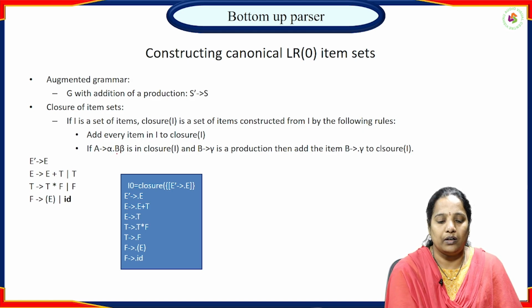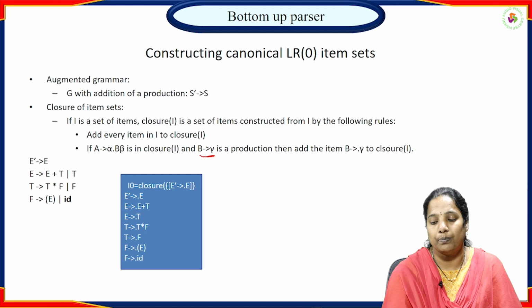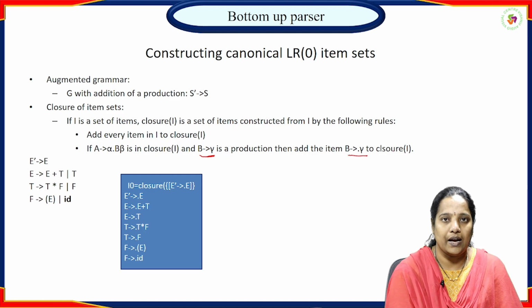When we observe here, alpha is a terminal symbol, beta is a terminal symbol, A is a non-terminal, capital B is also a non-terminal. In the production A tends to alpha dot B beta, dot is followed by B. Whenever dot is followed by a non-terminal, what do we have to do? We need to add the production. For example, B tends to gamma is a production. What do we have to do? We need to add B tends to dot gamma to the existing item.